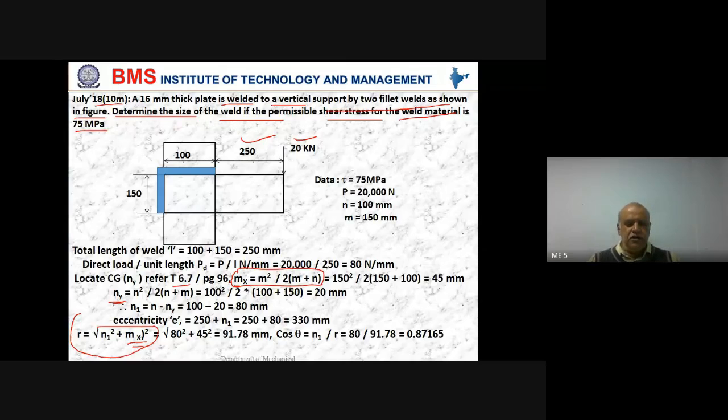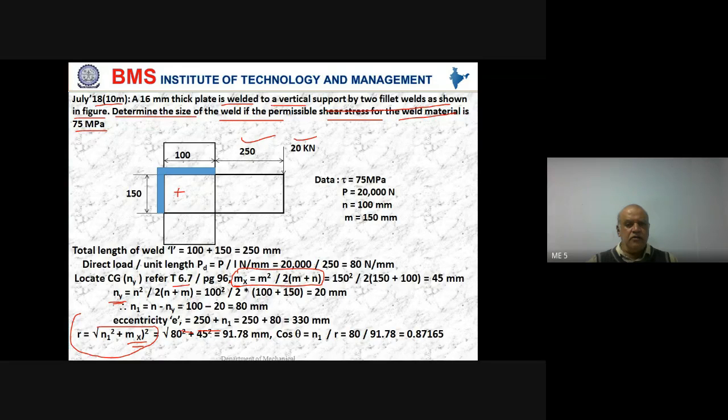Look at the sketch in table 6.7 for L type of welded joint. You have MX and NY, right? That is, you have CG somewhere here.